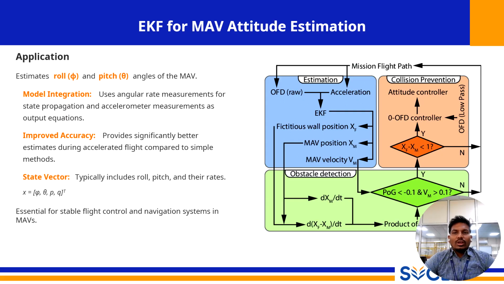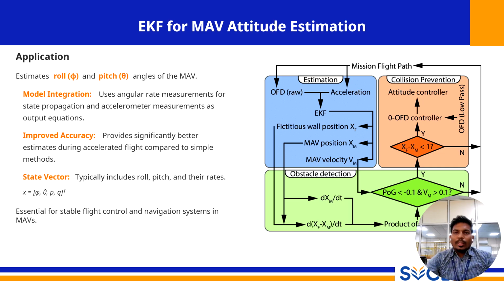This means it takes the high speed data from the onboard gyroscope, the p and q rates, and uses them in the prediction step to project the attitude forward in time. However, because gyros drift, this prediction alone won't stay accurate.